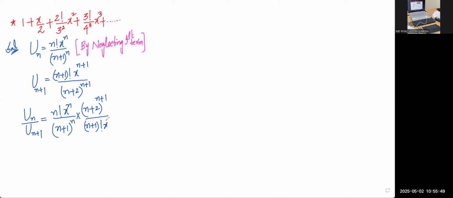X power n plus 1 can be split like this, because every time we are cancelling this and this.